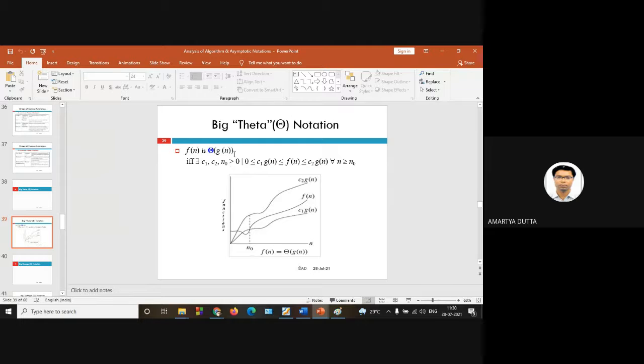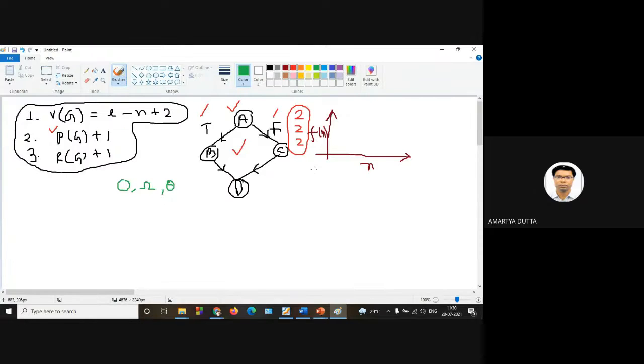Okay, so theta is called the tight bound, big O is called the upper bound, and big omega is called the lower bound. For the lower bound, if this is your Fn and this is your Gn, we can say that Fn is greater than Gn after a certain input n0.